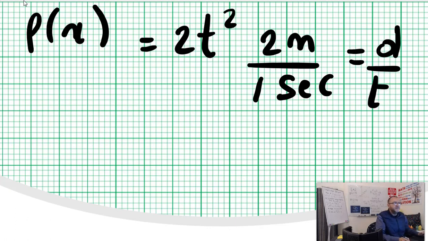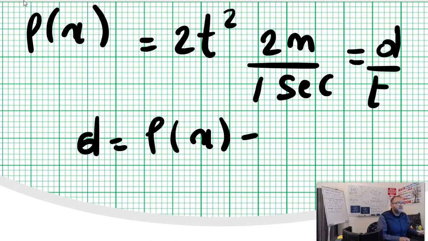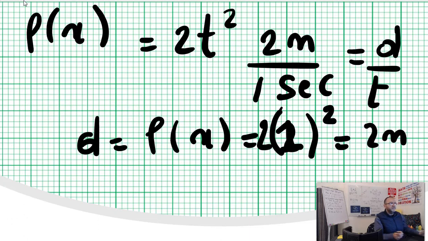So after 1 second, the car is at d equals f of x. Very simple: 2 times 1 squared after 1 second equals 2 meters. Okay, so far so good. I totally agree.